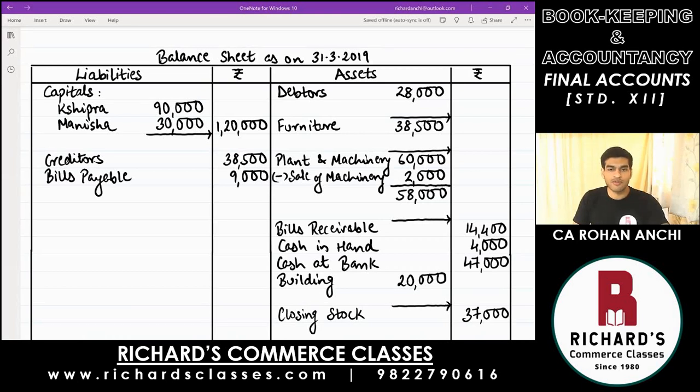Reduce from sales, one effect. Reduce from machinery, that is your second effect. And now your error is rectified. Your error now is corrected. Is that clear? Take a minute and tell me whether you have understood this adjustment, why it is deducted from sales and why it is deducted from machinery, the two effects. Have a look.